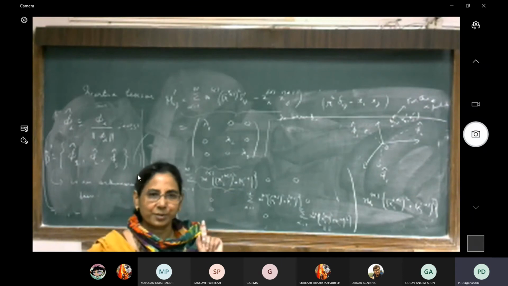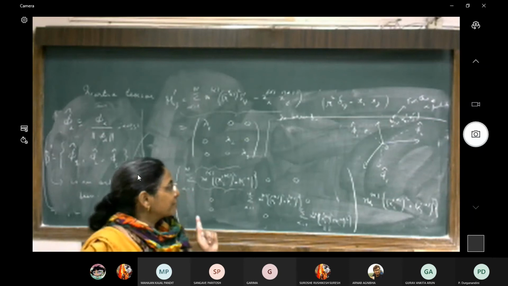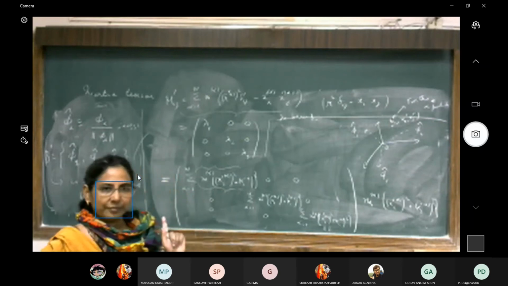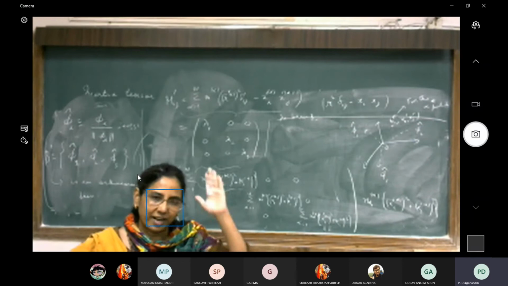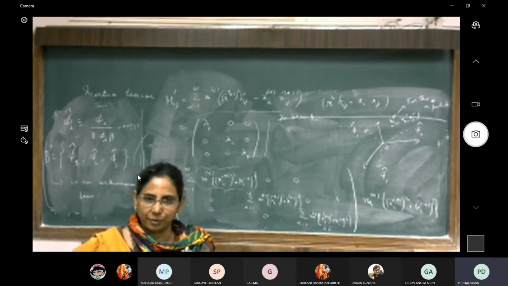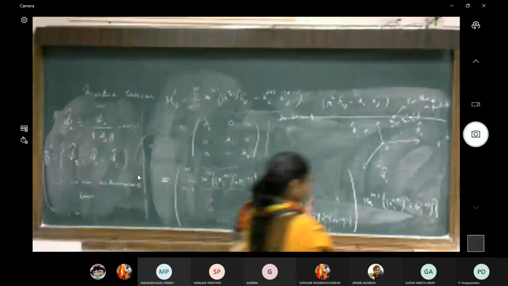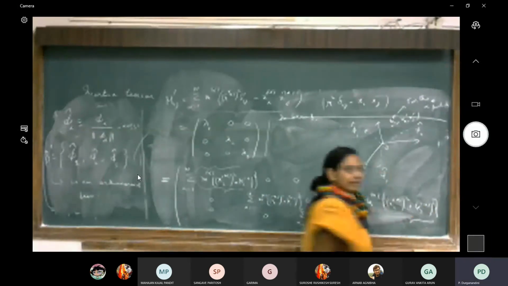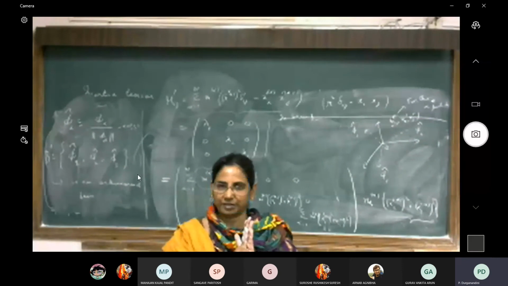So what will be x2 prime square plus x3 prime square? It's the perpendicular distance from the phi 1 cap axis. Would you agree with that? The square of the perpendicular distance. This quantity is the square of the perpendicular distance from the phi 1 cap axis. Would you agree with that?